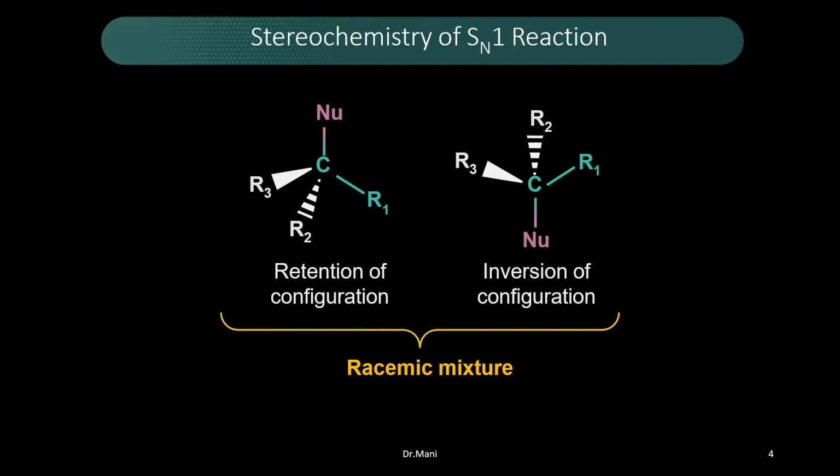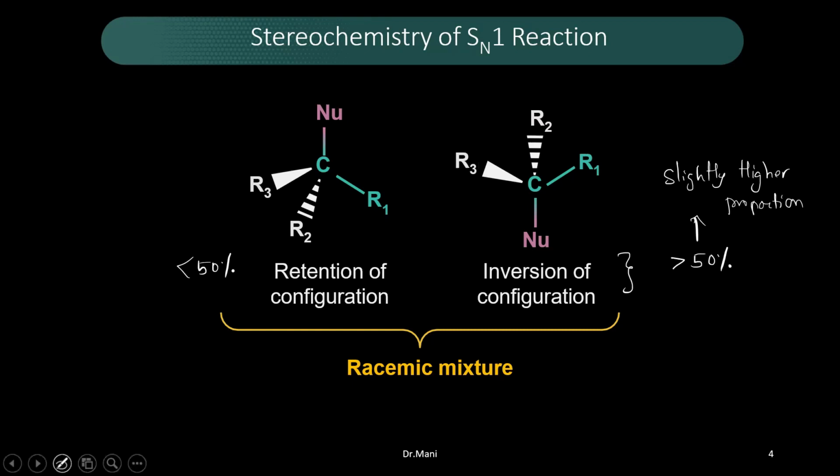Inversion. So this is more than 50% and this is less than 50%. Remember, this is slightly more forward. This happens due to the partial racemization.